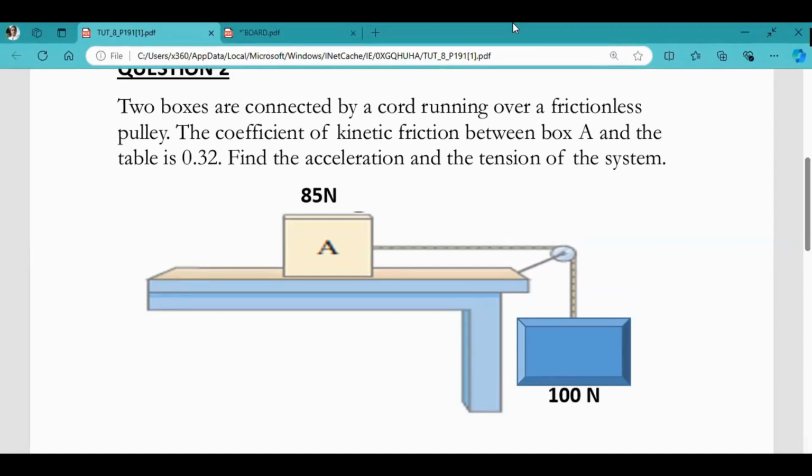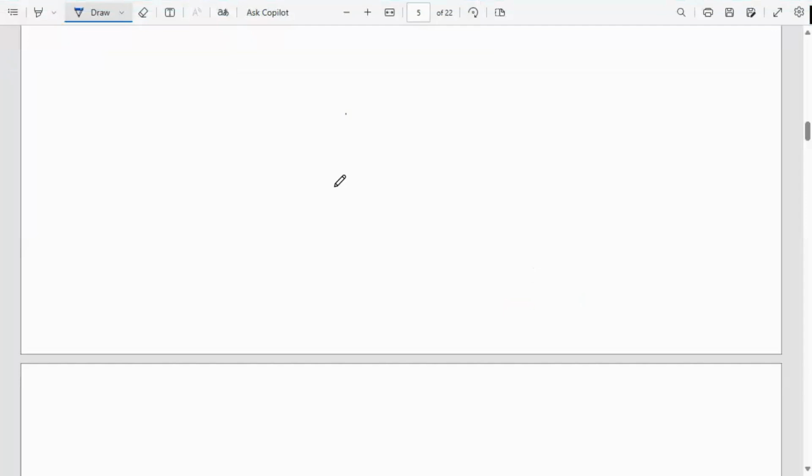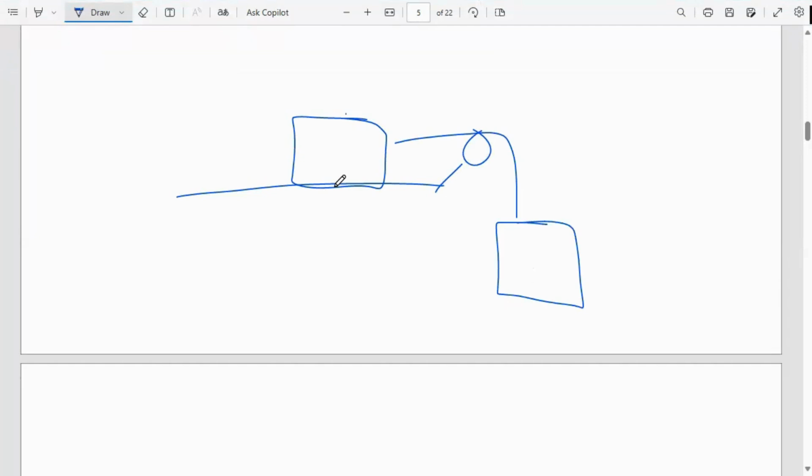Okay, so let's represent our question here. So our box there, then have another box here. Since they've said there's friction, that means there's a force opposing the direction of motion, friction.